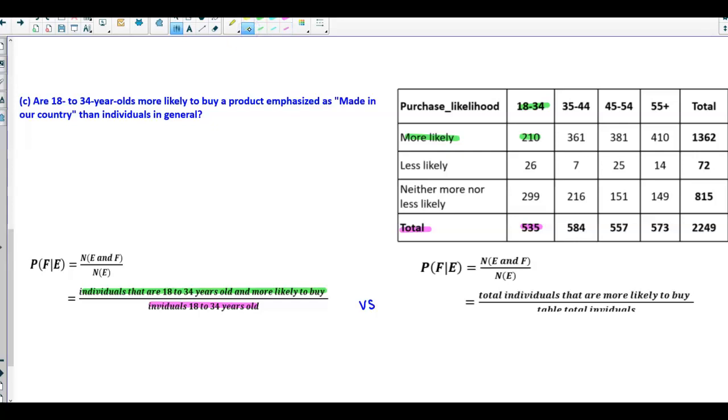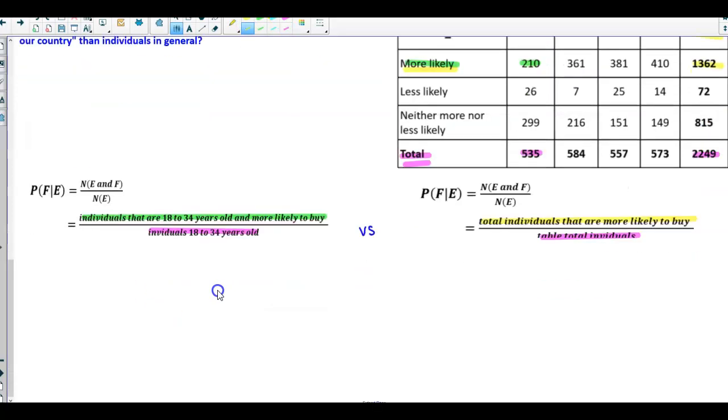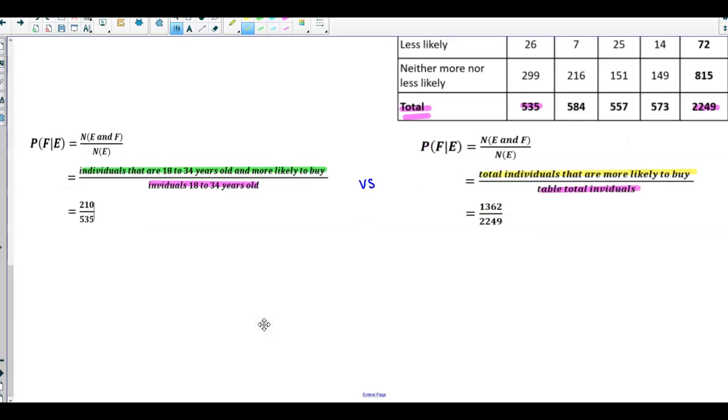Then we're going to compare that to the total individuals that are more likely to buy, which is 1,362, divided by the overall total, which is 2,249. So we have 210 divided by 535, and we're comparing 1362 divided by 2,249.